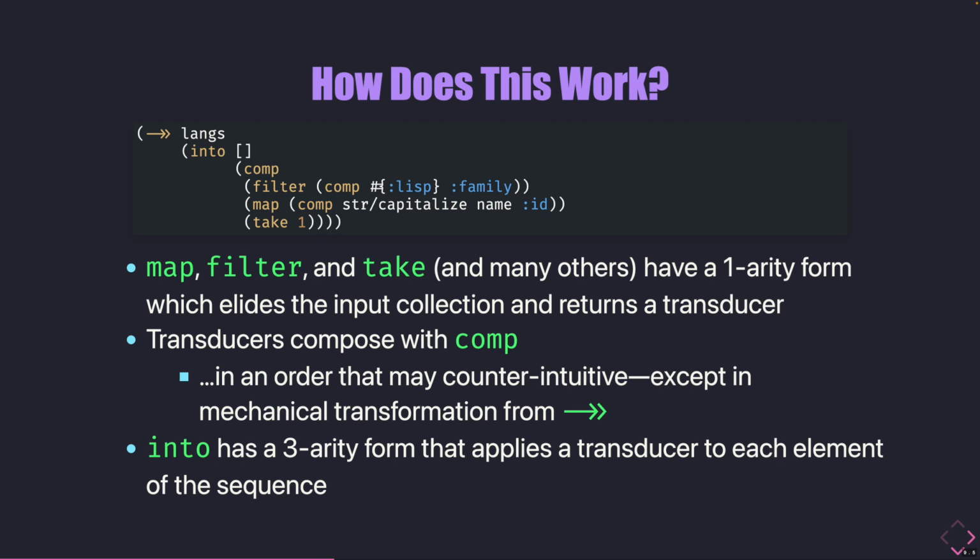We can say into set vector to pour the elements of that vector into a set. But it turns out that there's a middle argument, a second argument that we can pass that is a transformation to do as we are transferring, quote unquote, those elements into the output sequence.